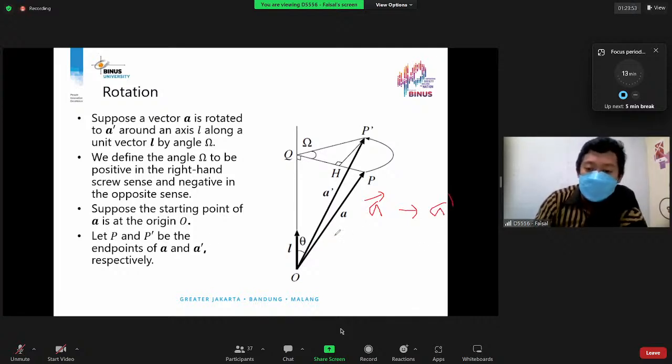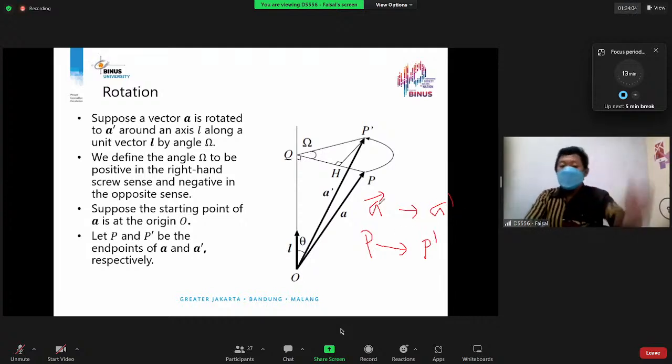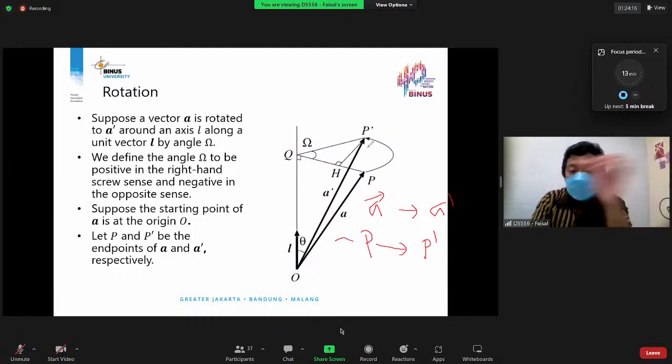Or if we look at the endpoints, P to P prime. The first is a vector notation, and this is the point notation. This is vector rotation, and the second is the point rotation.